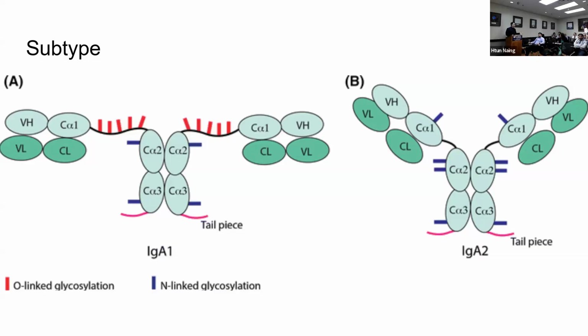Since the hinge region is longer, there are 16 more amino acids in the hinge region of IgA1 compared to IgA2. It's more susceptible to protease, and this longer hinge region has 6 O-glycan locations for the galactose binding site.